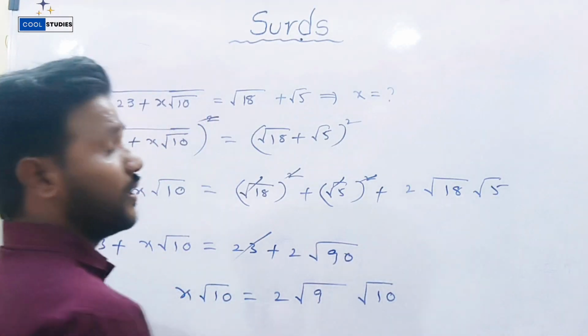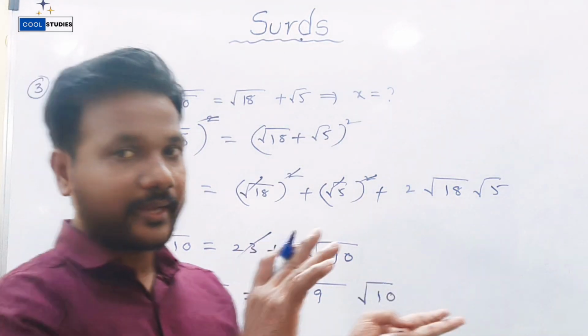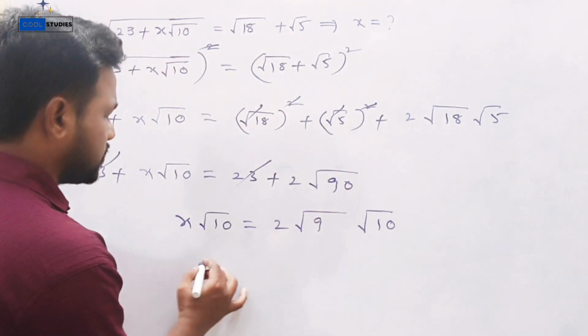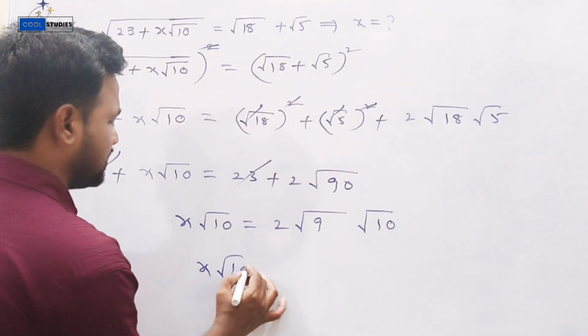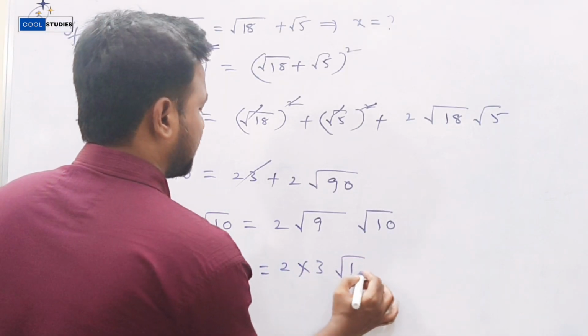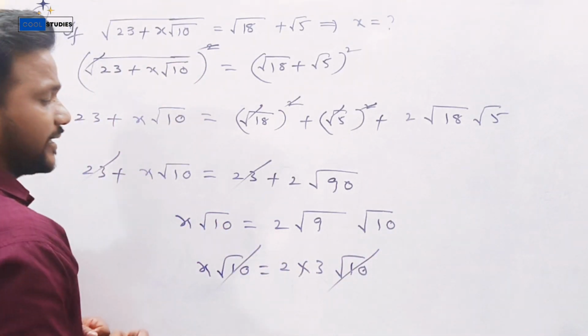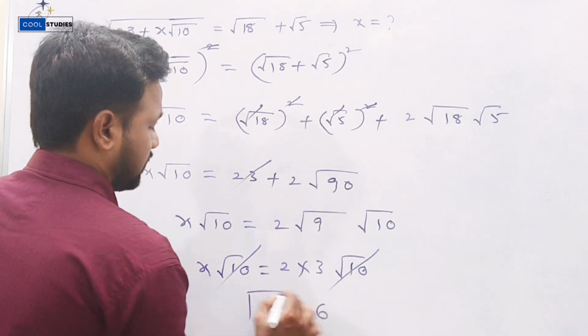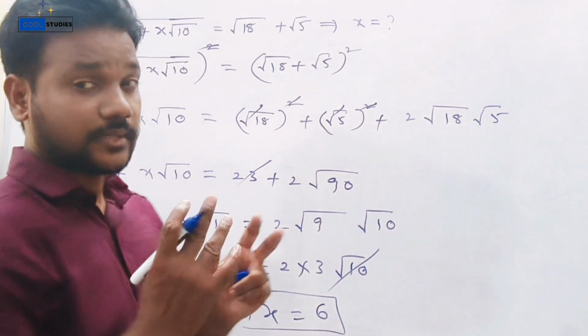I am writing √90 as 9 tens. √9 value is 3. So x √10 is equal to 2 into 3 and √10. √10 cancels. The value of x, 2 3s are 6. The value of x is 6, that is the answer.